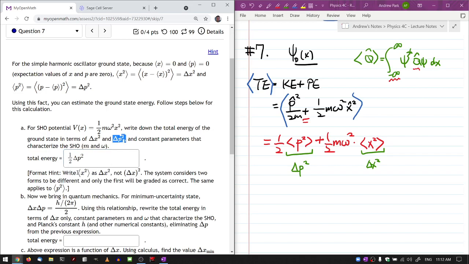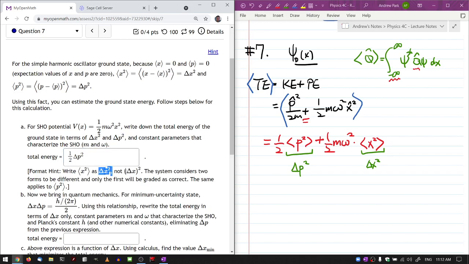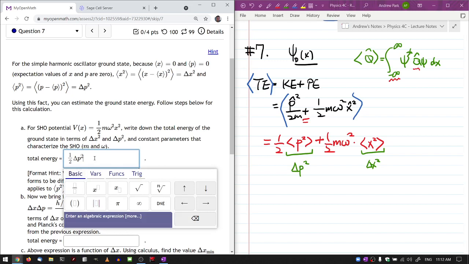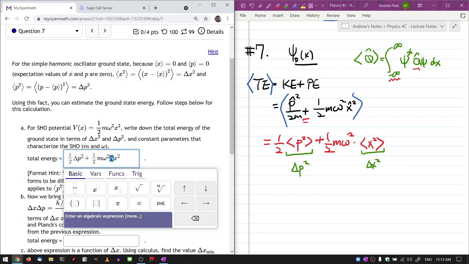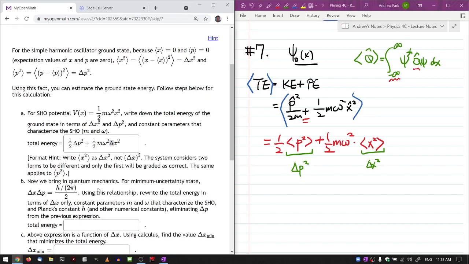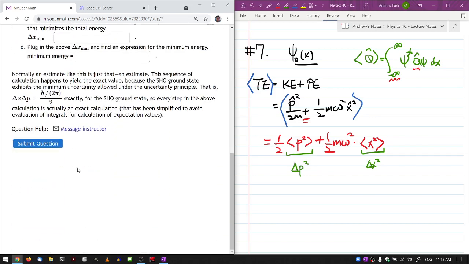And the format hint says this is distinct from this, distinct in terms of what it ought to mean and how the system actually interprets the algebraic expressions here, delta x squared, because I think it's treating delta as just another variable, not anything else. Okay.